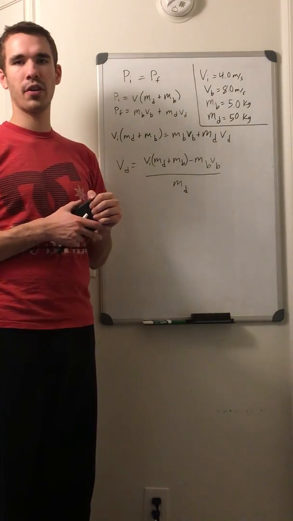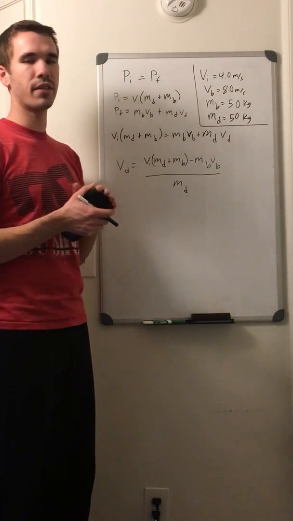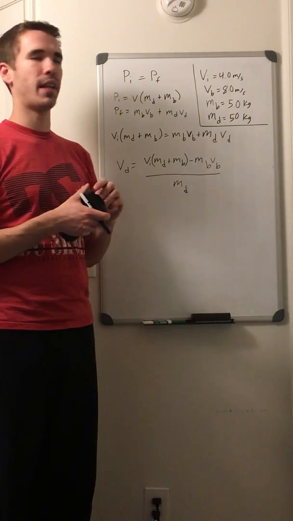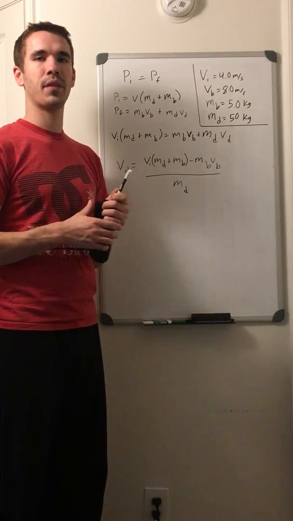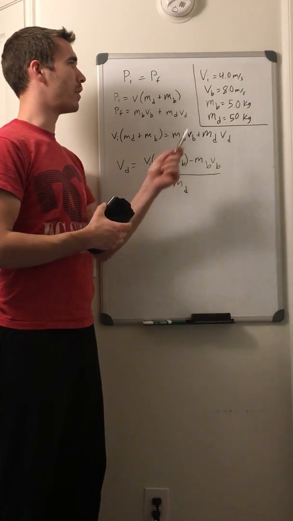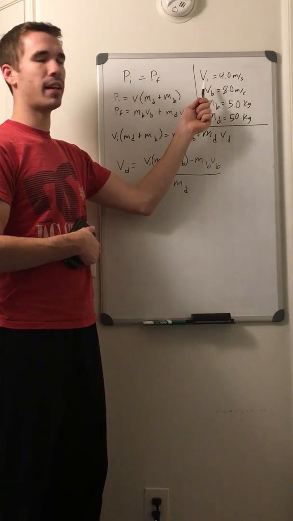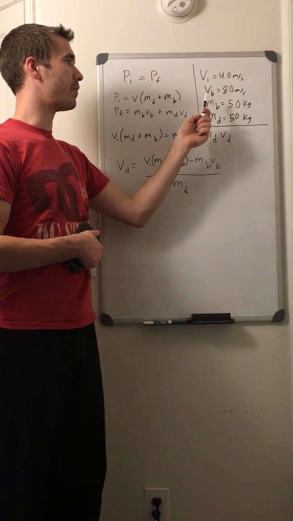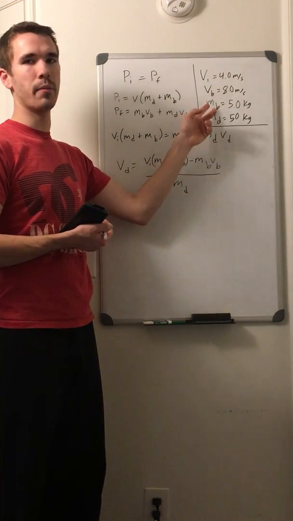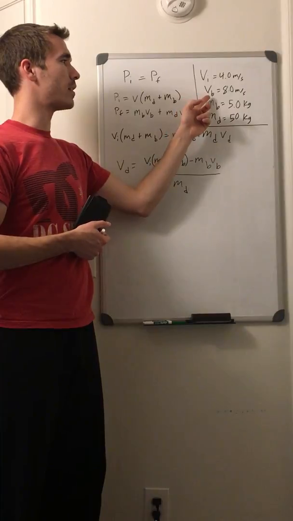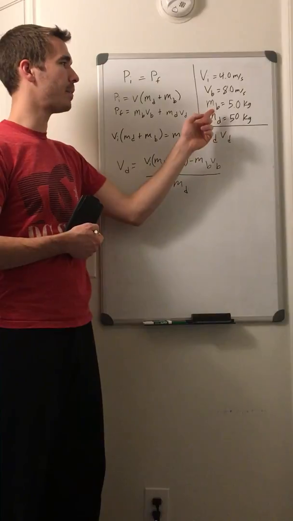A couple other values it gave us too was the mass of the skateboard and the mass of Dan, which is indicated here. For simplicity, we know the initial velocity of both Dan and the skateboard is 4.0 meters per second, so I have that indicated by VI. And for the skateboard, I have its velocity and its mass indicated by sub B. So velocity sub B of the skateboard is 8.0 meters per second.